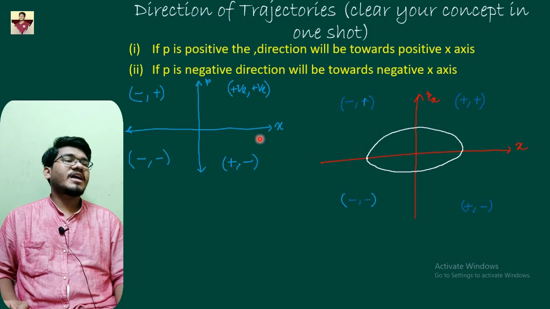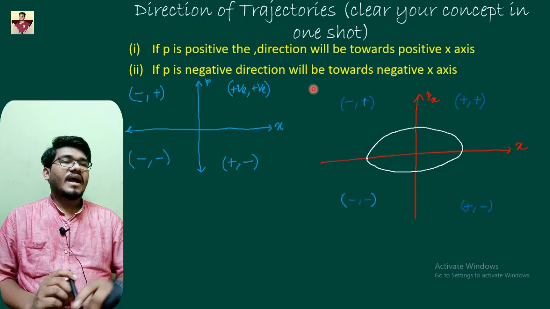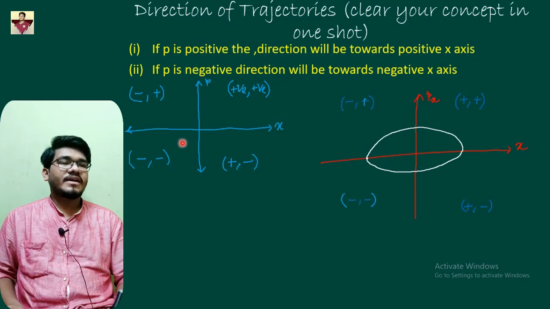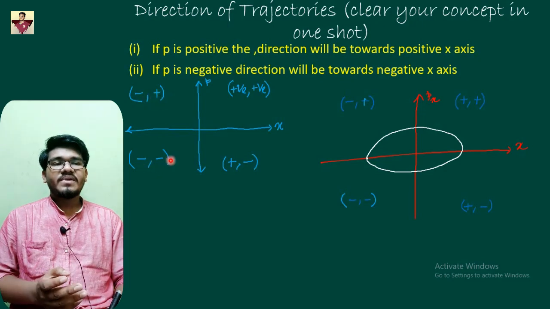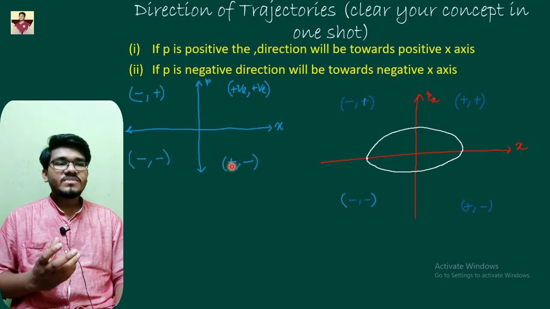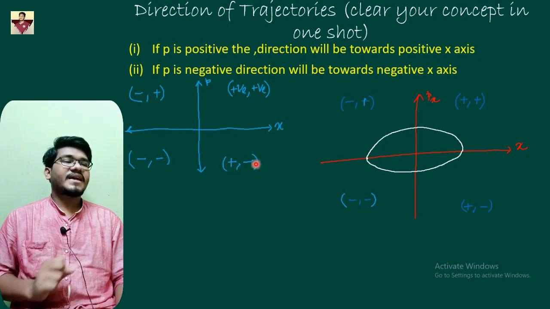I am drawing a two-dimensional plot here. In the first quadrant P is positive and x is positive as well. Here x is negative and P is positive, here x is negative and P is negative as well, and here x is positive and P is negative.